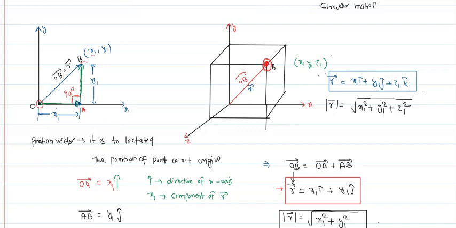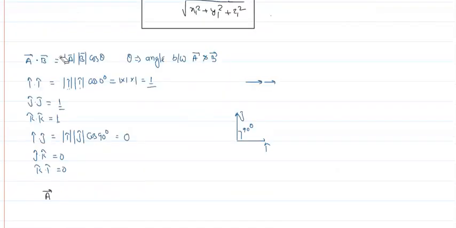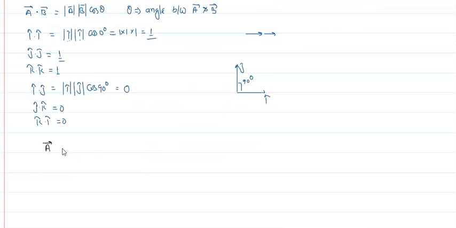Suppose you have a vector A. You have to resolve the components of this vector along 3 directions. So this is A1 i cap plus A2 j cap plus A3 k cap. A1 represents the component of A vector along x-axis.